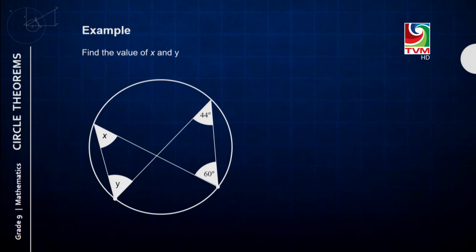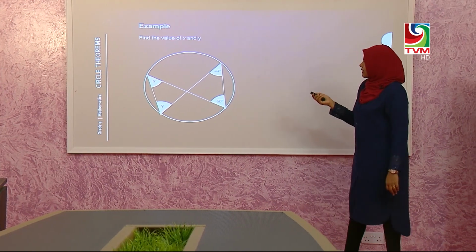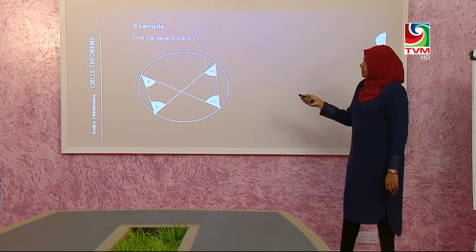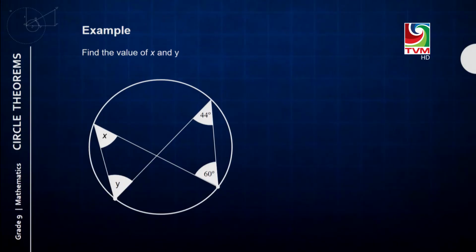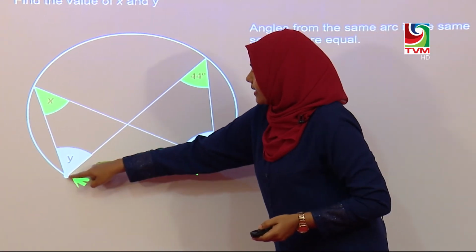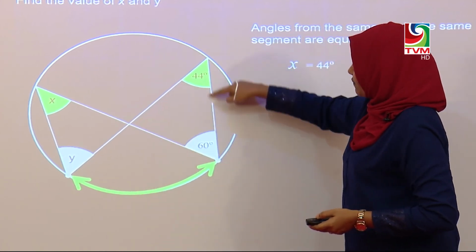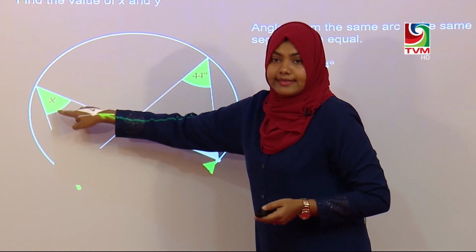Example. X, y, 60, 44, this is a diagram given to you. You are asked to find x and y. Let us mark the arc here. This is the arc, right? From this arc, the angle that is forming is 44 and it is forming x.